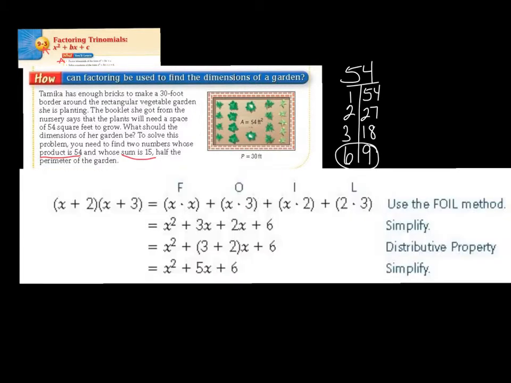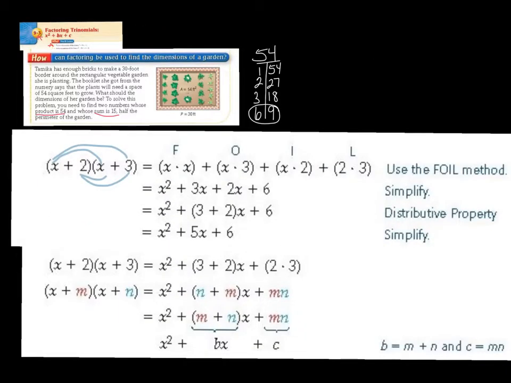In Chapter 8, we learned that we could multiply two binomials using the FOIL method. So first, outer, inner, last, and then we've got x times x is x squared, plus 3x plus 2x plus 6. When we combine our like terms, we have plus 5x.